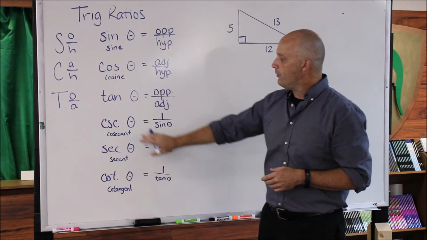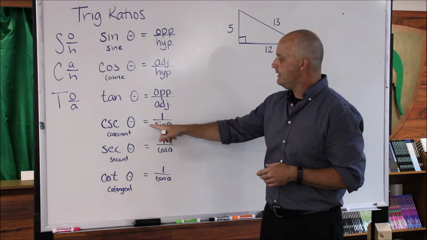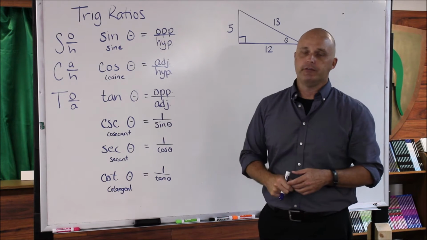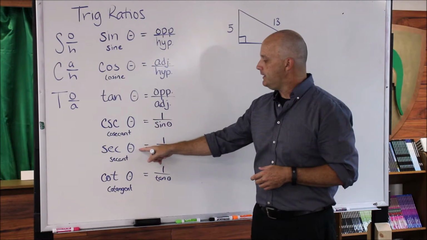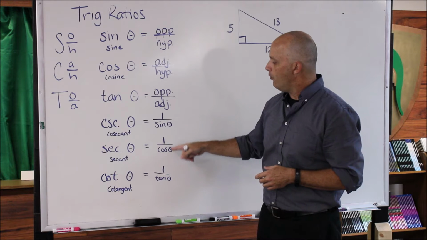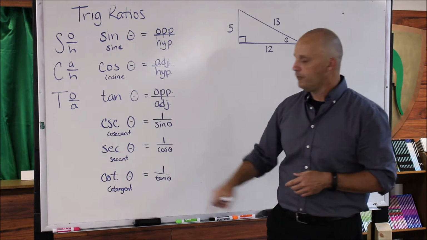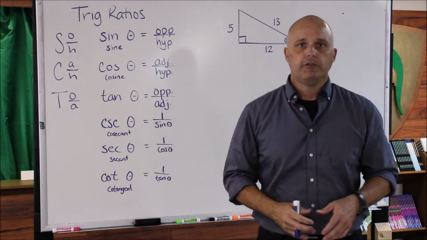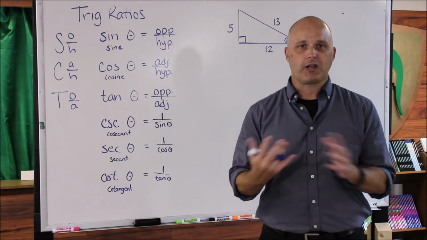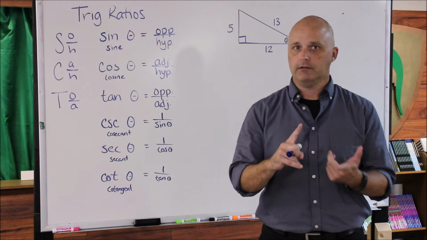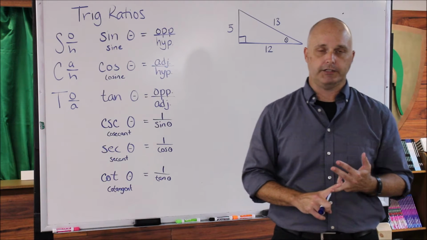So the cosecant of theta is equal to 1 over the sine of theta. Then the secant of theta is equal to 1 over the cosine of theta, and the cotangent of theta is equal to 1 over tangent of theta.